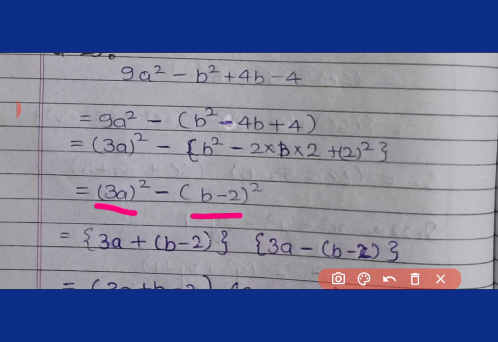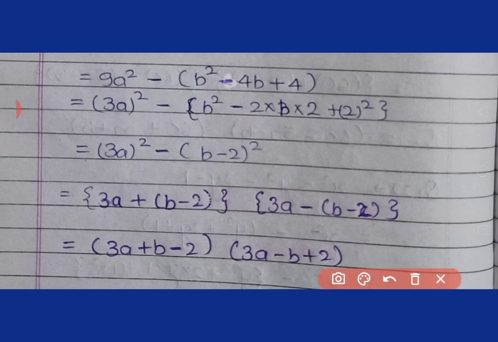So it is in the form of a square minus b square. In the first bracket we will write a plus b, and in the second bracket we will write a minus b. So (3a plus b minus 2) and (3a minus b minus 2). Now whenever the small brackets open, in the first bracket everything remains the same, but in the second bracket the signs change, because minus is multiplied with plus b, so it becomes minus b. Minus is multiplying with minus 2, so it changes into plus 2.